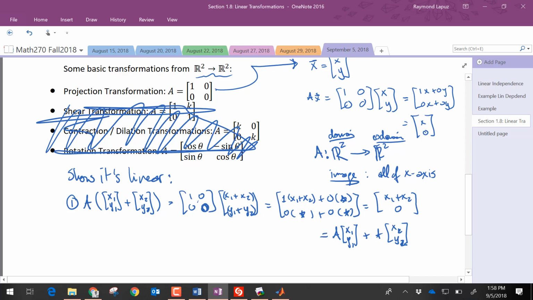And so I can write that as just the matrix times each of these vectors.